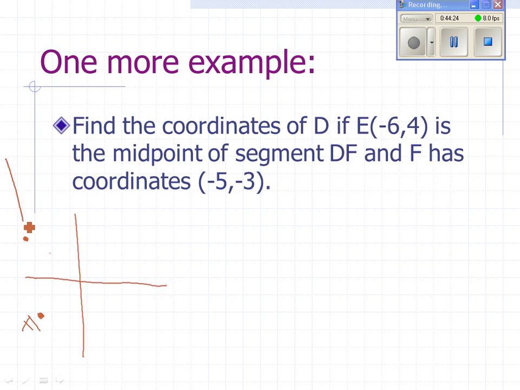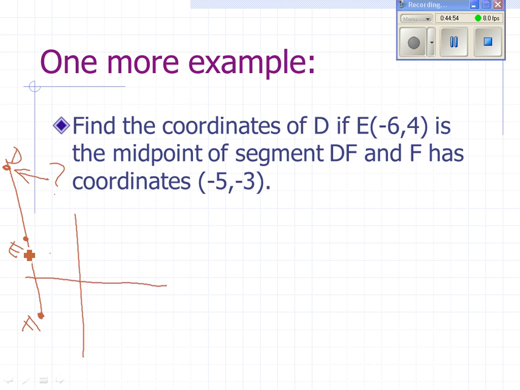And our segment runs something like that. And we're trying to find the coordinates of point D up here. So they actually told you the midpoint this time, and you're trying to find one of the endpoints.